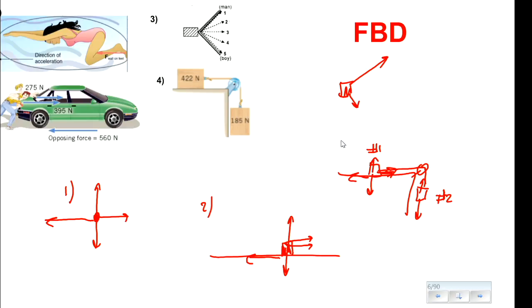So the force of gravity we usually write force of gravity or mg because we know it. Friction or resistance, R resistance. Normal force we use either F_N or just capital N. So number two.